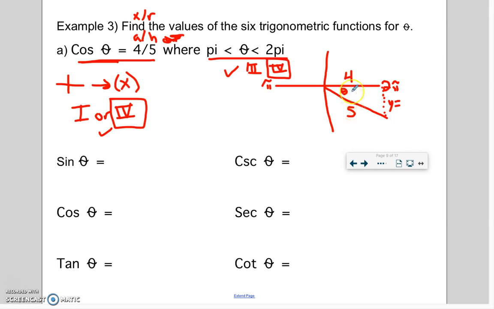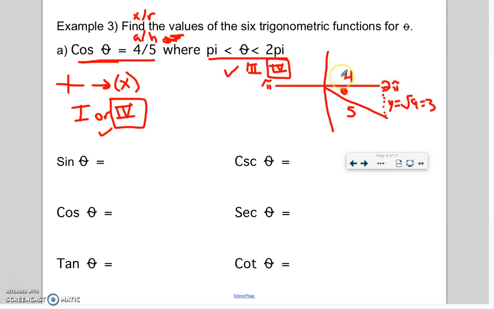But as we know, we take the Pythagorean theorem, a squared plus b squared has to equal c squared, so therefore the y value is going to be the square root of 25 minus 16, which is 9, so the square root of 9, which is equal to 3.